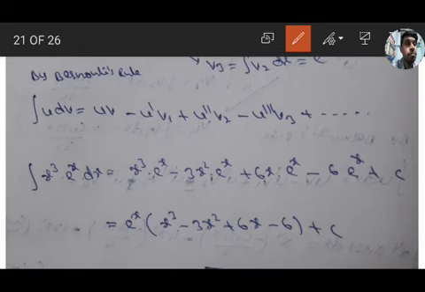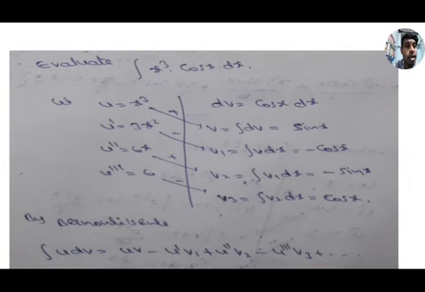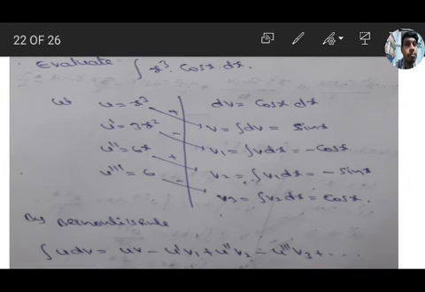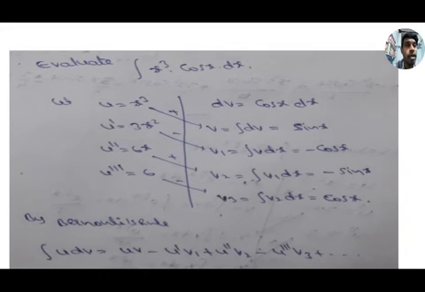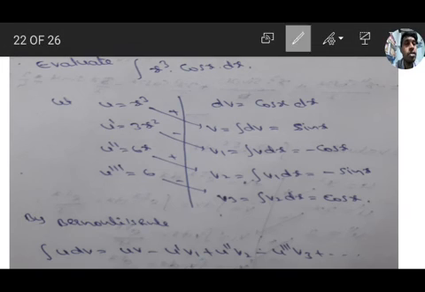Next problem: integration x cube into cos x dx.